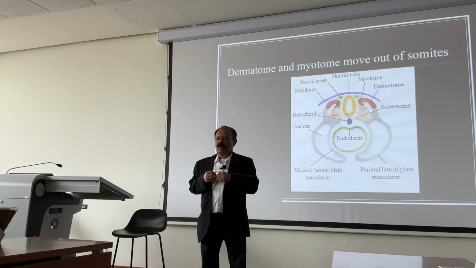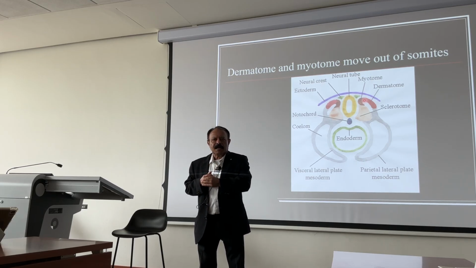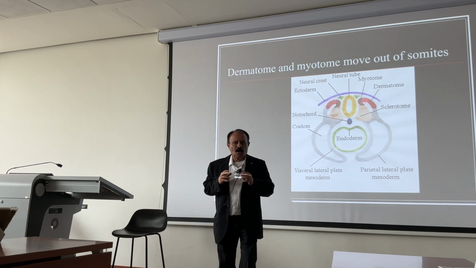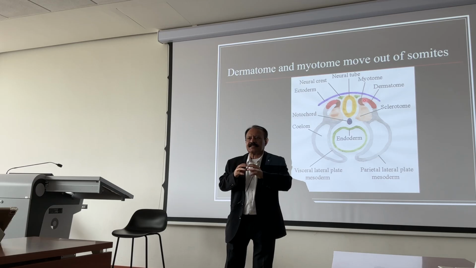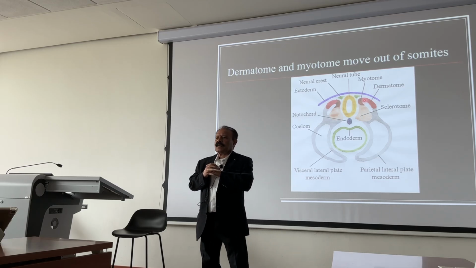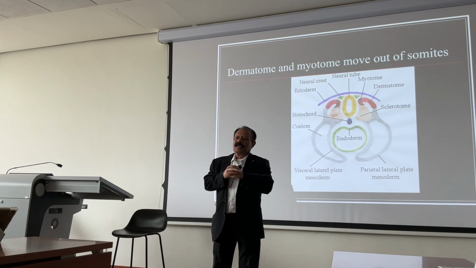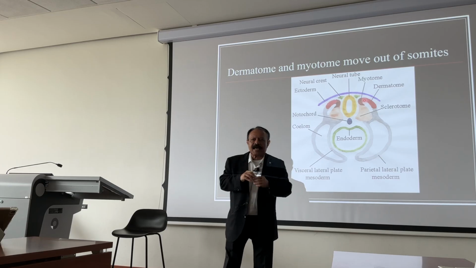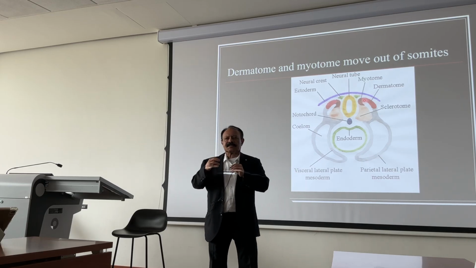The limb develops when the myotome and dermatome come out from the somite to hit the ectoderm and what we call the apical ectodermal ridge. And all the genes are expressed at that place: fibroblast growth factor, WNT2 gene, sonic hedgehog gene, retinoic acid. They jump onto that place and the bud starts.